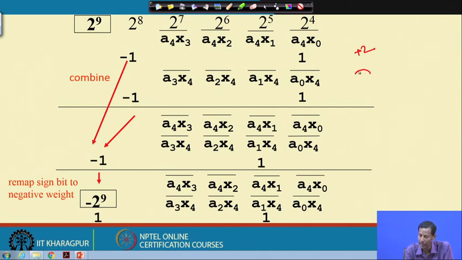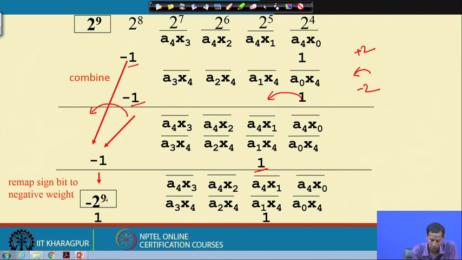Plus 2 means that one will be shifted to the next corresponding MSB. So, because of this 1 plus 1, that will come to this particular position with 1. Okay. So, then 1 minus 1 and minus 1, that is minus 2. So, then again this minus 1 will come to the 2 to the power 9 position.